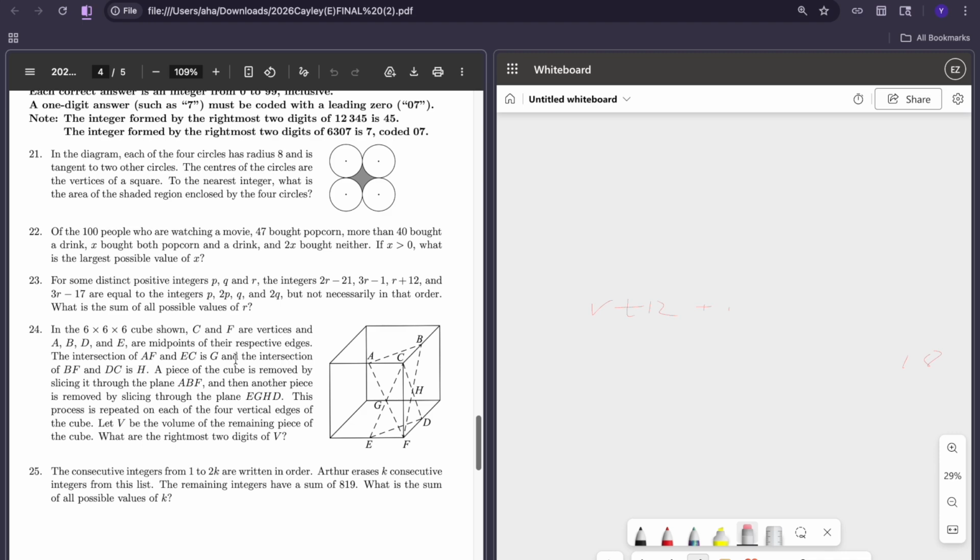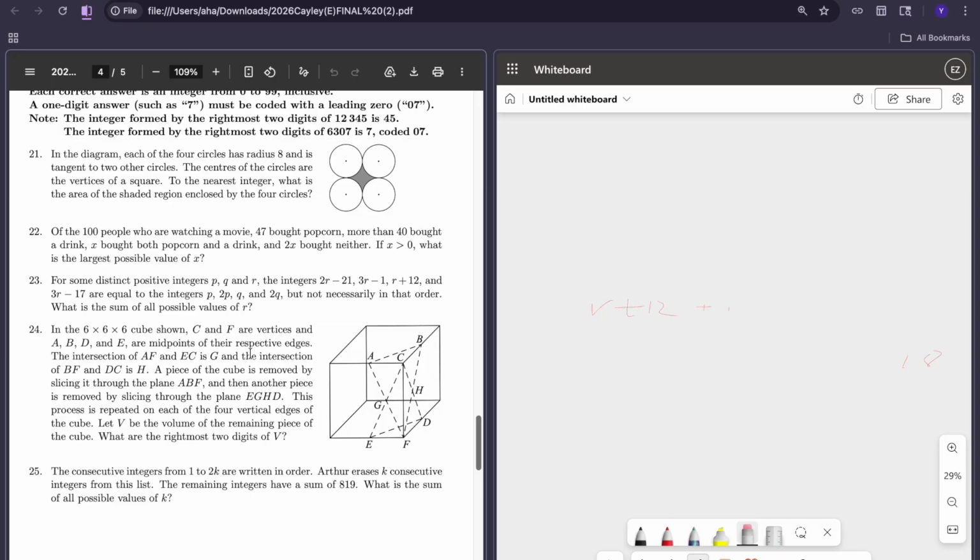Okay, question 24 I consider quite easy. In a 6 times 6 times 6 cube shown, C and F are vertices, and A, B, D, and F are midpoints of their respective edges.